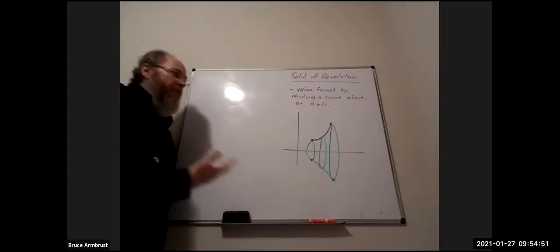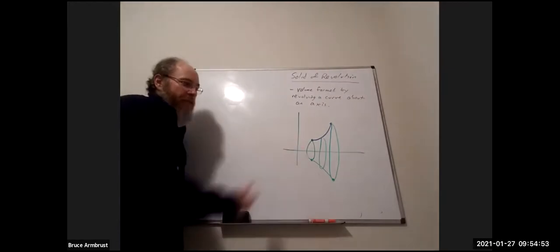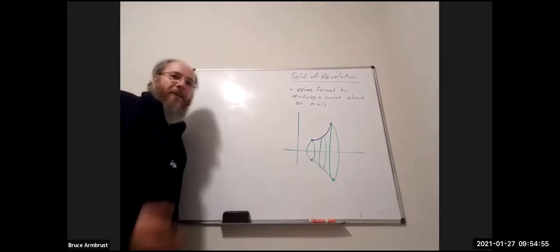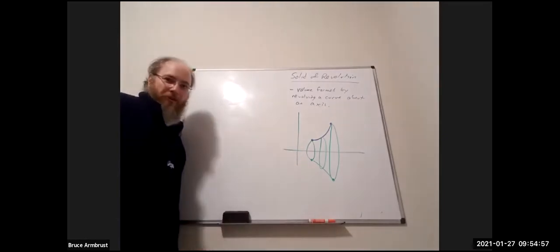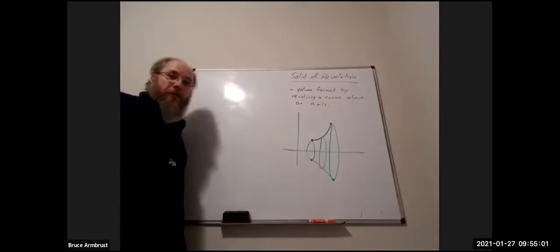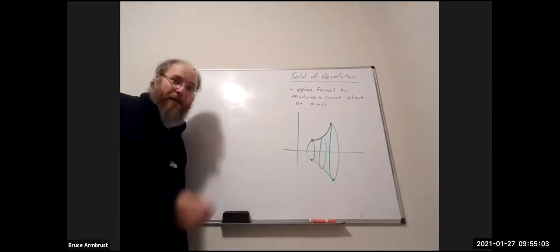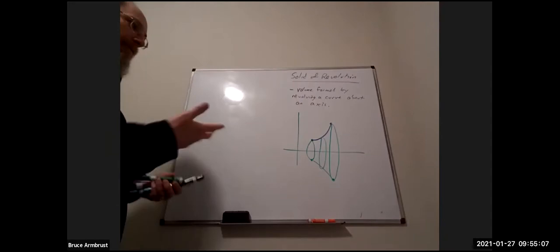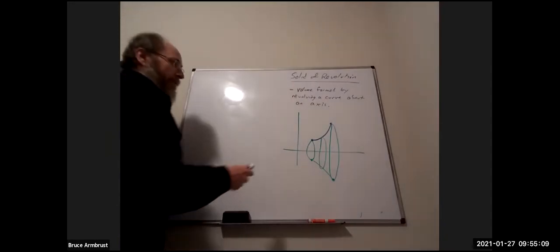Okay, well, check it out though. The cross-sectional areas, they're circles. They're always circles if it's a solid of revolution, because we're spinning this thing around an axis, it's making a circle. So let's think about how we find those areas.